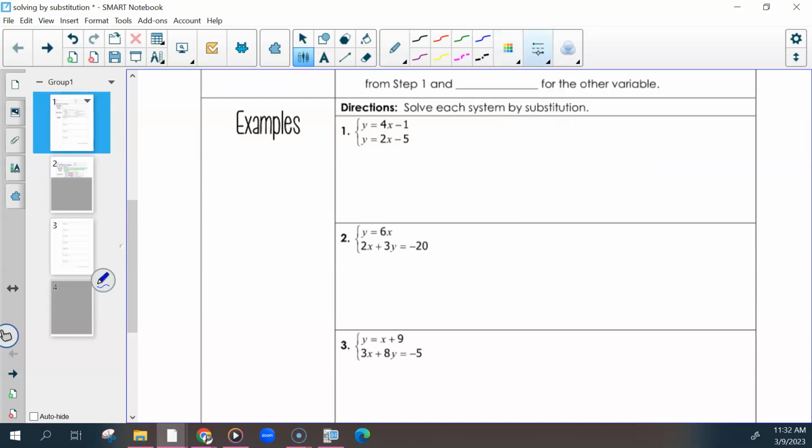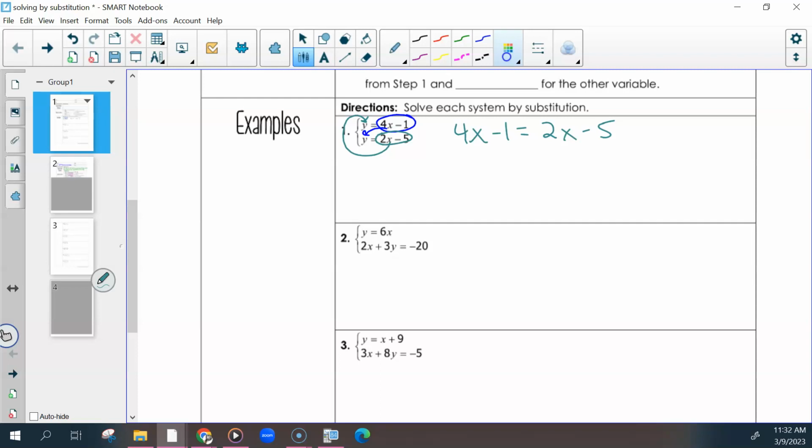So when that's the case, you can take the first expression and put it into the second y, or you can take the second expression and put it into the first y. It doesn't matter, because they're both equal to y, so you can set them equal to each other. It's going to look something like 4x minus 1 equals 2x minus 5.